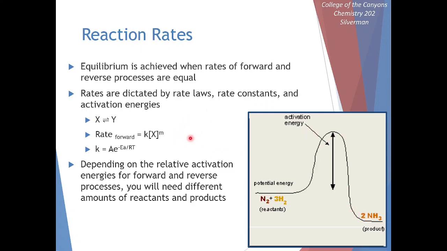We can summarize this with our skills from our kinetics lessons, using our rate laws and perhaps the Arrhenius equation to relate how fast these reactions are going to their relative concentrations, rate constants, frequency factors, and activation energies. Because these activation energies are different for the forward and reverse reactions, we can have different amounts of our reactants and products once we reach that equilibrium state.